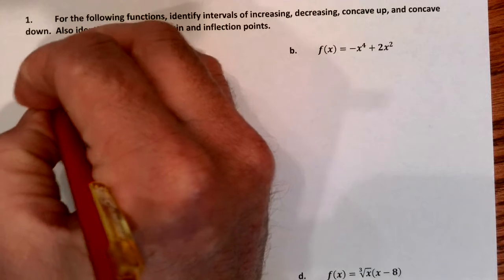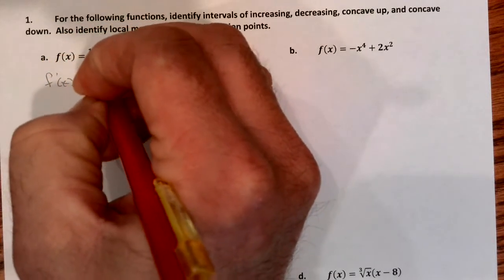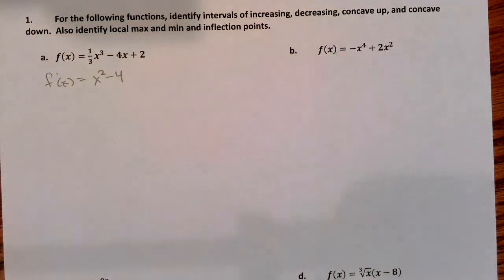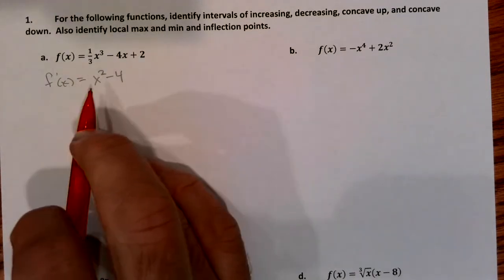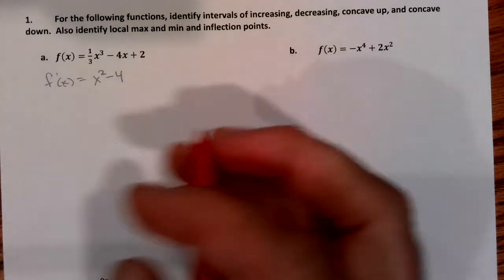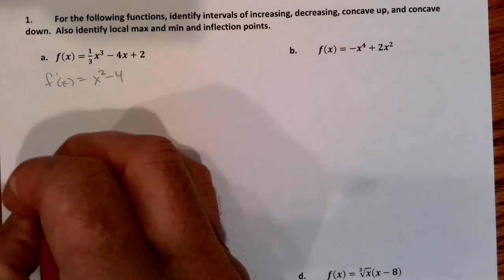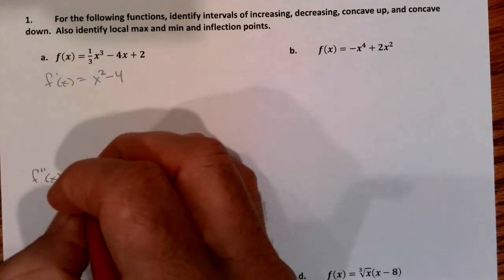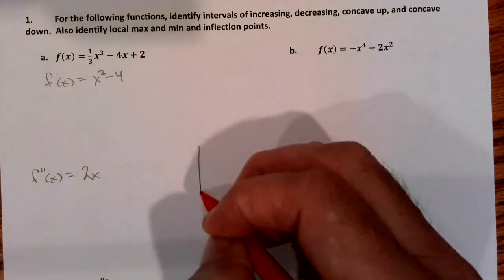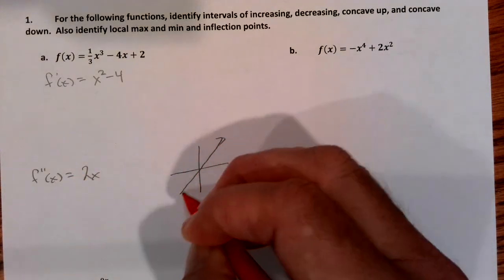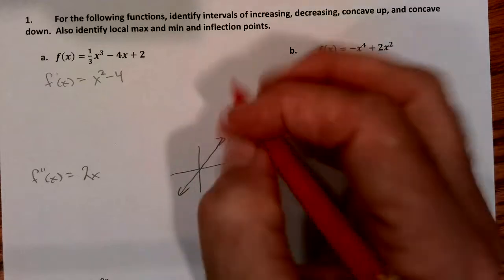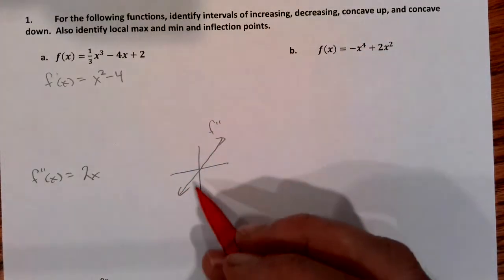We know that the first derivative, f prime of x, was equal to x squared minus 4. In your last set of notes, we talked about all the different characteristics of f prime of x. We're going to lay out now f double prime of x, and that is equal to 2x. If you consider the graph of 2x, you can see that the graph is below the x-axis here.